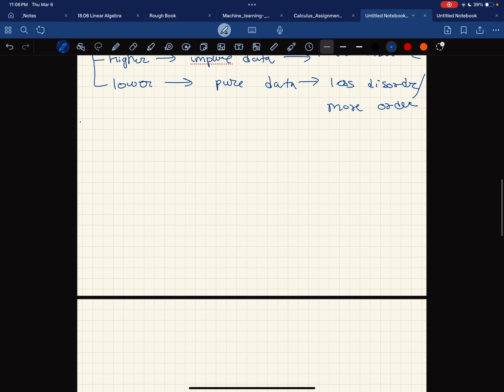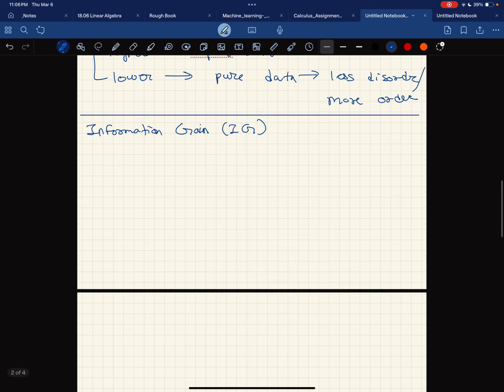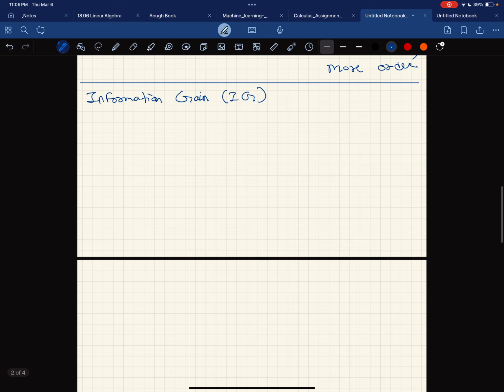Now let's move to another mathematical term, that is information gain. Generally I will pronounce it as IG. What is IG? Consider this as an example.